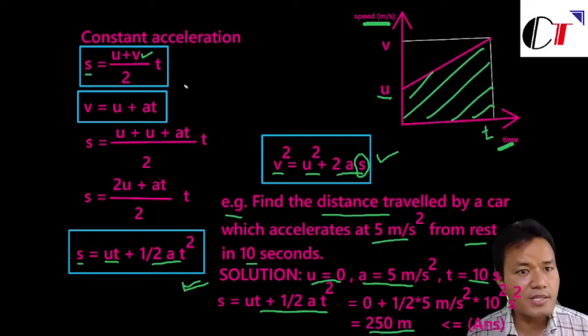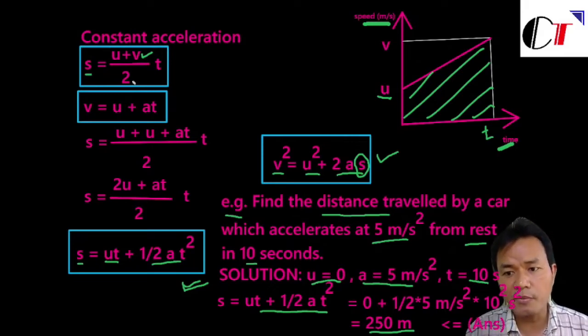And in the previous video, we have already proved that this total distance traveled, the area s, is just equal to (u plus v) by 2 times t. And of course, (u plus v) by 2 is the average speed of the object from time 0 to t, or from u to v.